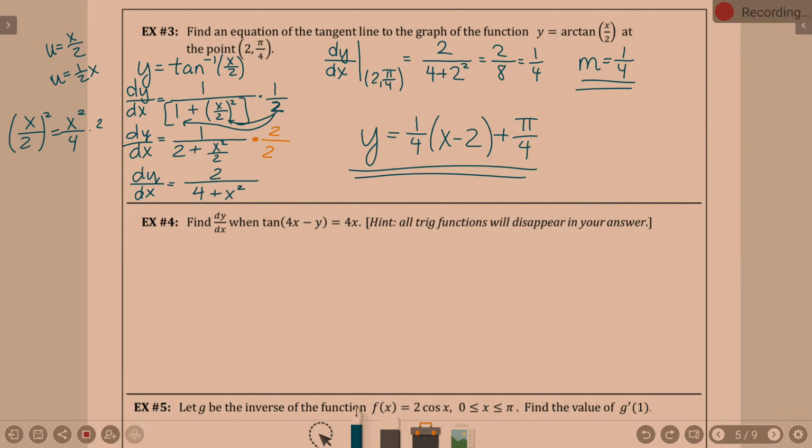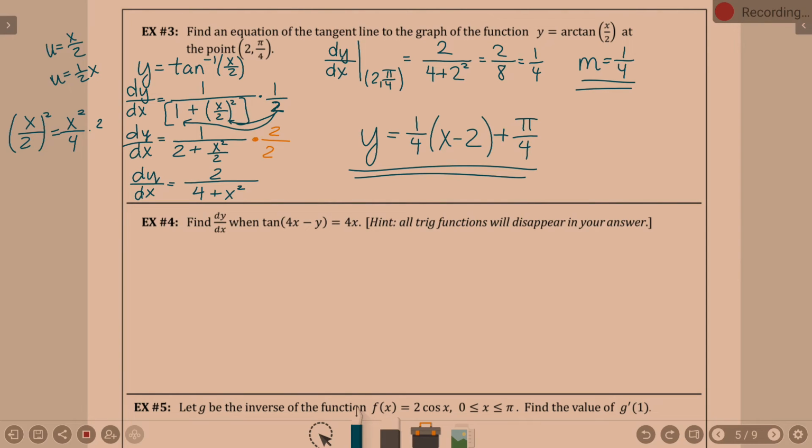The problem is, in order to do this derivative, I don't know, maybe you could do implicit differentiation and it would work. But based on the fact that we are in an inverse trig function lesson, right now, the tangent of 4x minus y equals 4x. I cannot solve for y the way this is because that y is stuck inside the tangent.